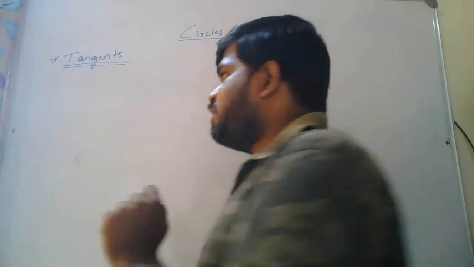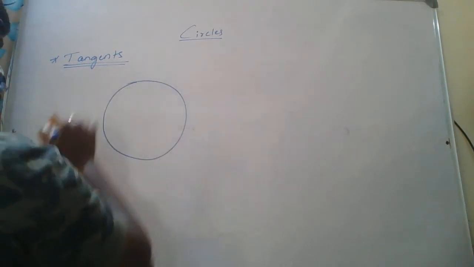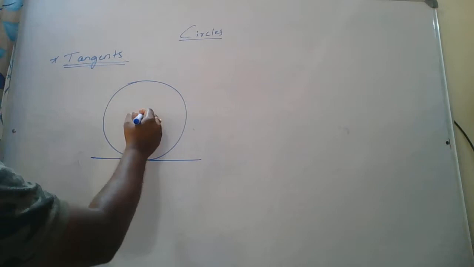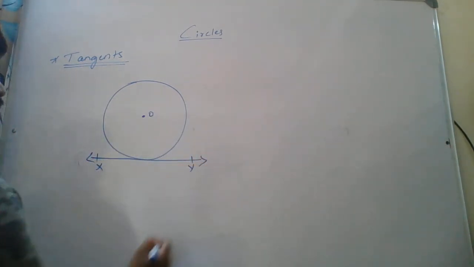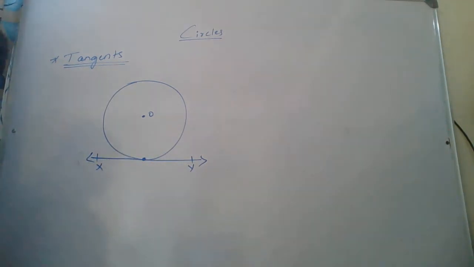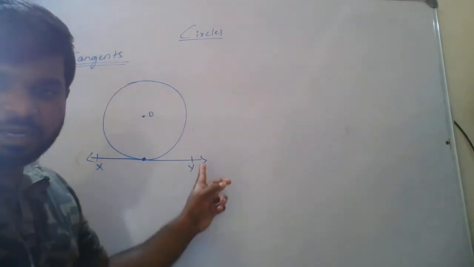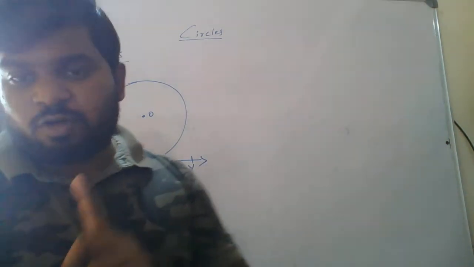Okay, let me draw a circle and show you a tangent. Okay, now if you observe, we have got a circle with center O, and let's take this line as XY. If you observe, this tangent, this line is meeting the circle at only one point. So this line we call it as a tangent, and the point where it meets is known as point of contact.